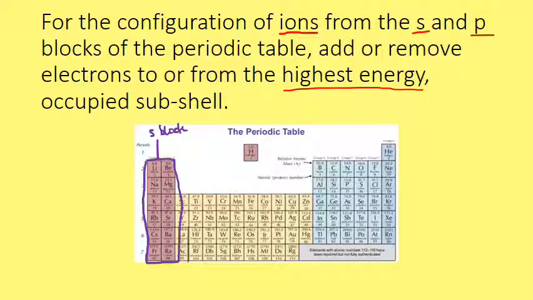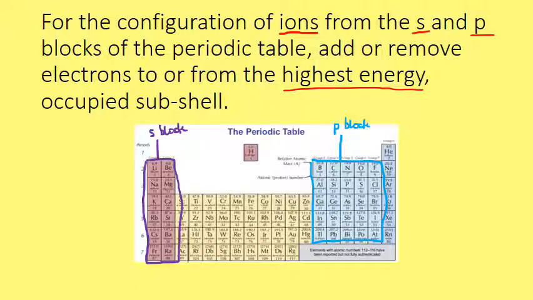And I'll switch to light blue for the p block. And the p block includes group 3 up to group 7. Group 8 are on their own. And that is the p block. And guess why it's called the p block? It's because their outer electrons are in p orbitals.